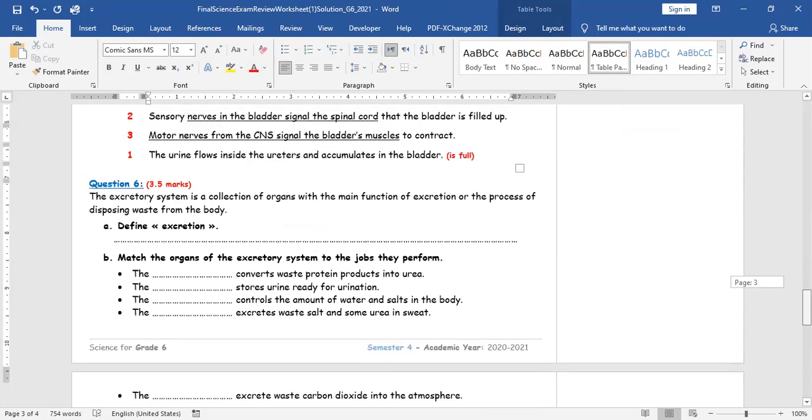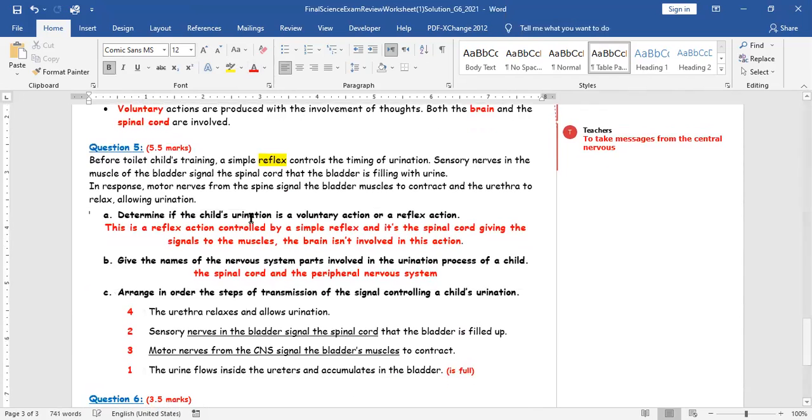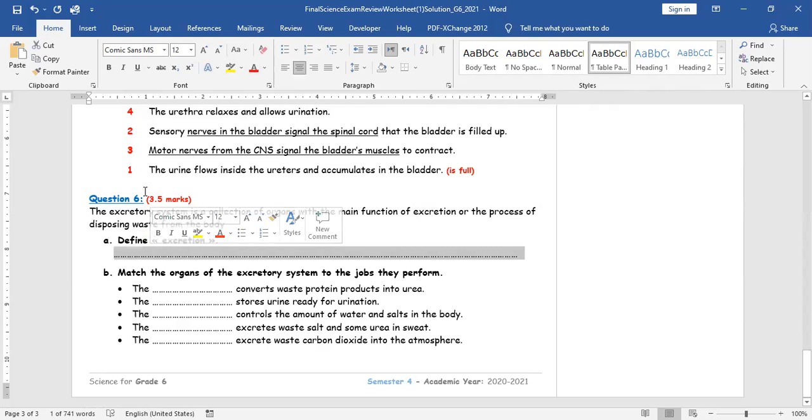Question 6 is the last one about the excretory system. The excretory system is a collection of organs with the main function of excretion. What's excretion? It's the process of disposing waste from the body.